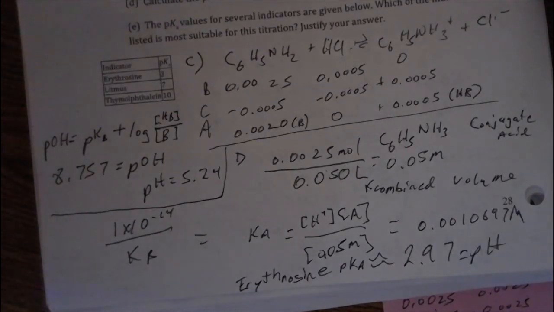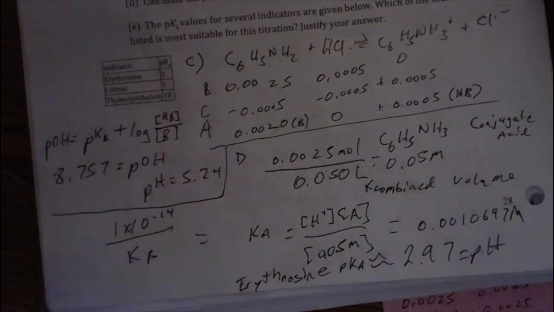Or maybe we'll use the words: erythrosine's pKa is closest to the pH change at equivalence, and an indicator with that is a good indicator for that situation. Wait, so if you have the Kb and the Ka, you do 1 times 10 to the negative 14 divided by Kb. Mm-hmm. Yeah.